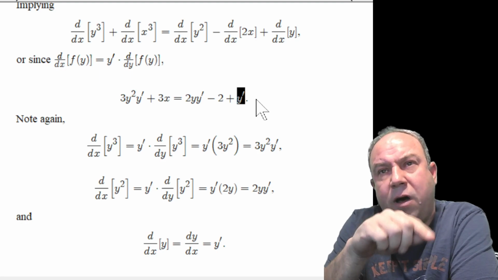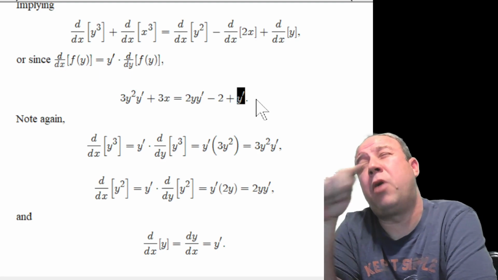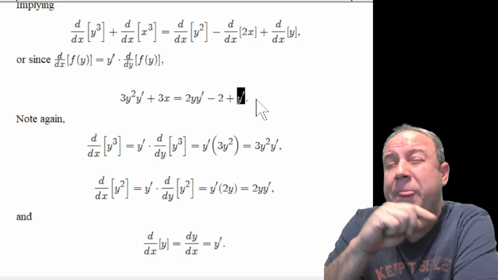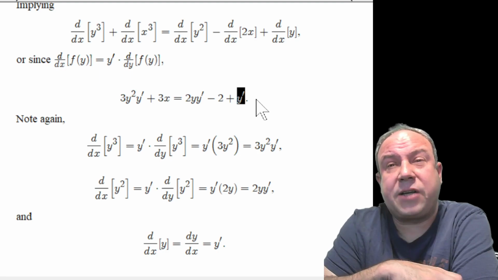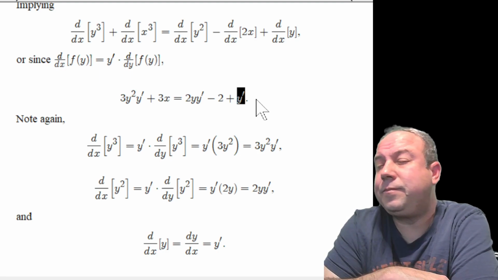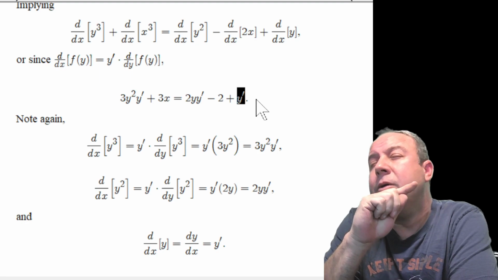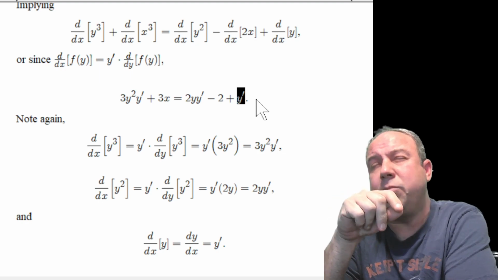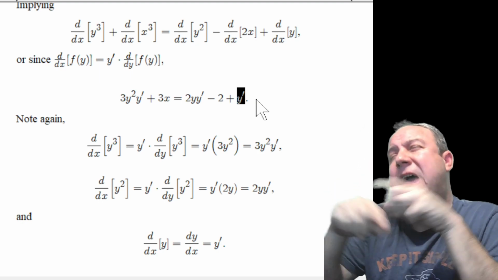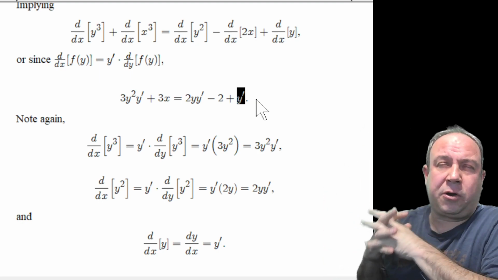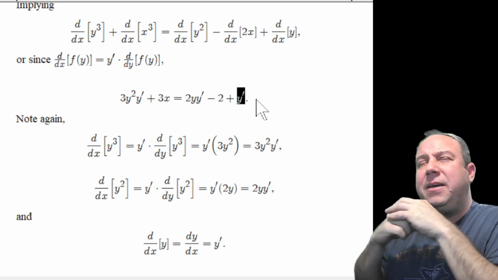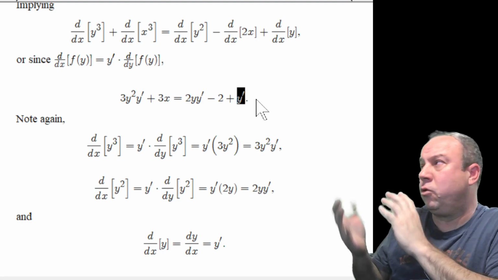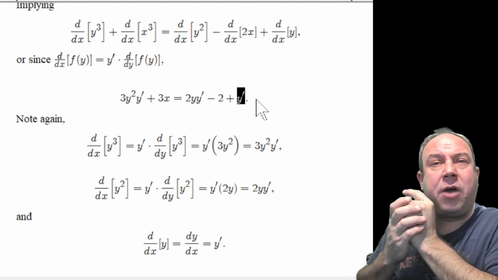All the terms not involving y prime will be brought to the other side of the equal sign using some of our algebraic properties for equality, the addition and subtraction properties particularly. That will then be followed with a little distribution property on the side with y prime, factoring out the y prime from both terms, and then dividing by the group that's left after we factor out y prime on both sides.